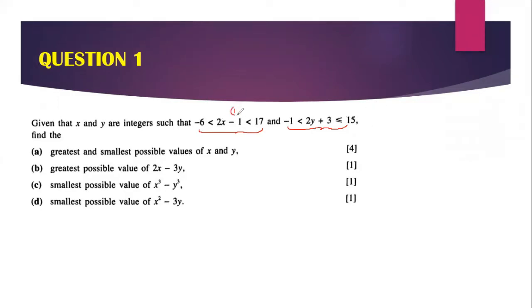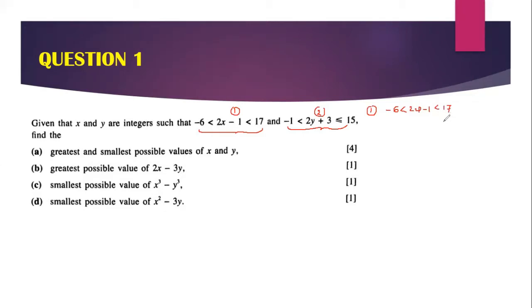The first inequality is minus 6 less than 2x minus 1 less than 17. Actually, how to read this inequality is from the middle: 2x minus 1 bigger than minus 6 and 2x minus 1 less than 17.